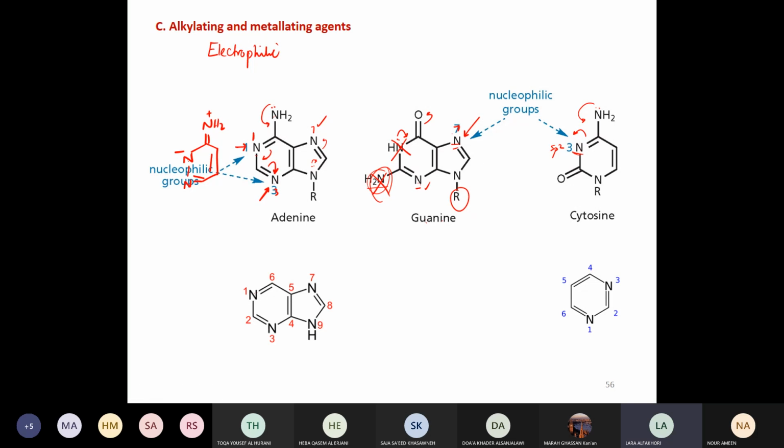يعني أنا لو بدي أرسم لك ال geometry of this nitrogen, okay, that's a sigma bond, that's the pair of electrons اللي موجودين عندي in an sp2 orbital. هلا this nitrogen will have a p orbital that has one electron overlapping with the p orbital of this carbon and the p orbital in here.